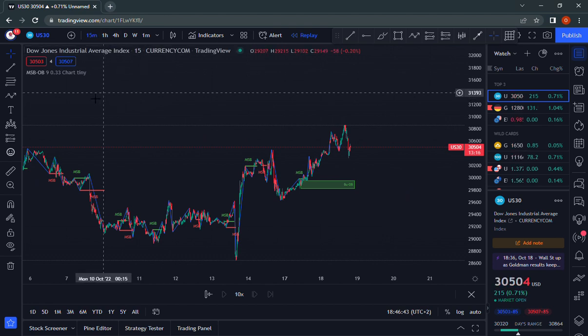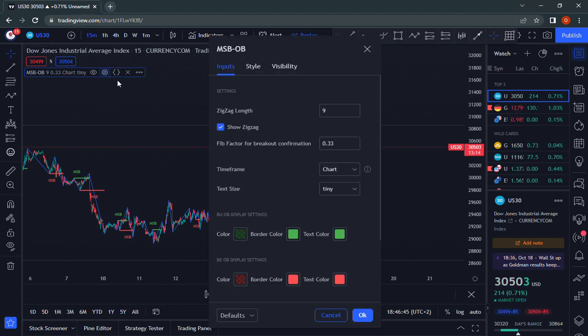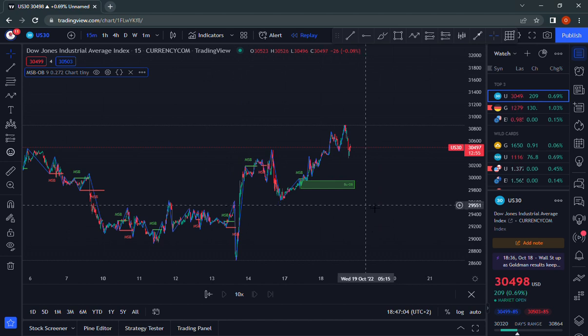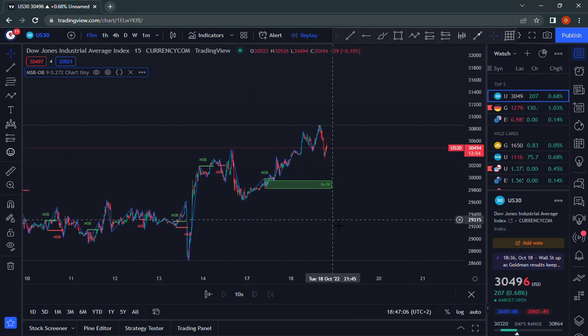You may have to make sure that here in the settings, you change this 0.33 to 0.272, which is our fib. It's 0.272. And then from there, that is it.